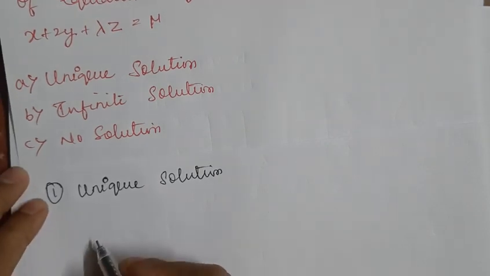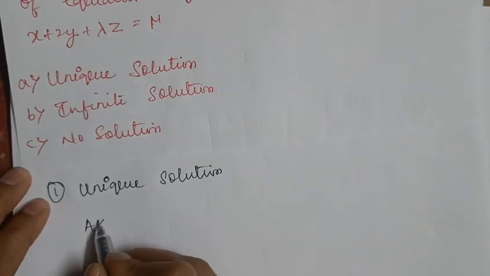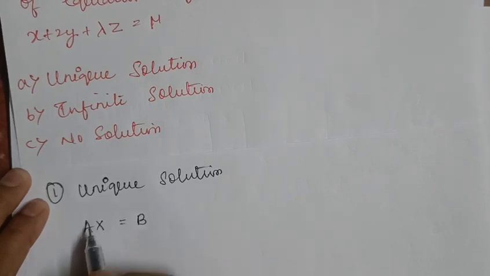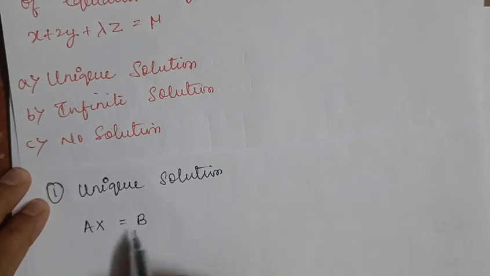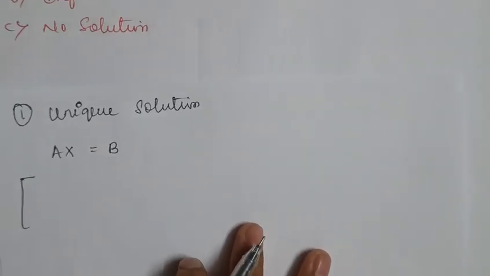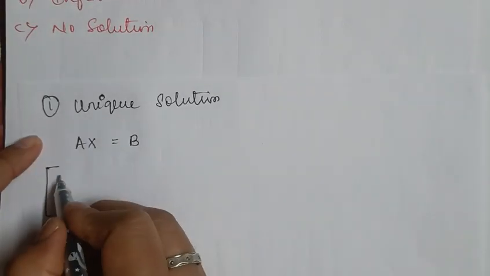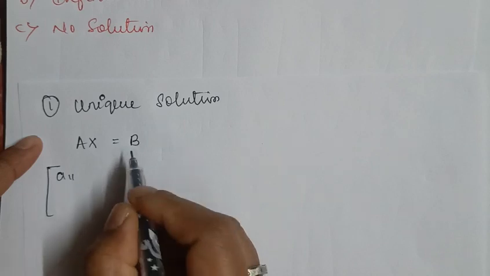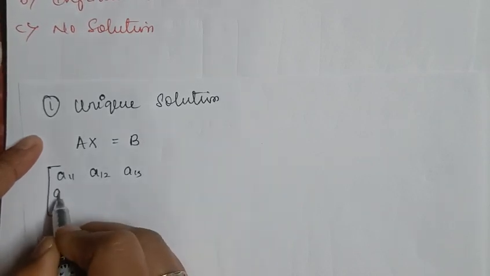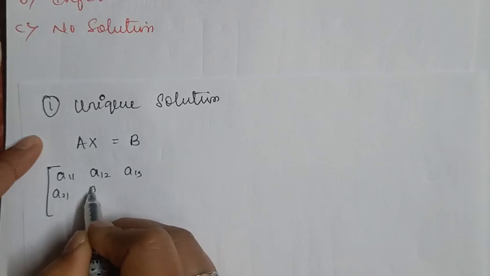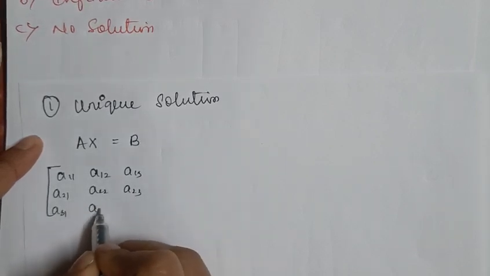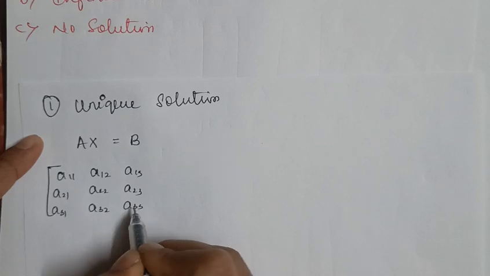this is a system of equations. The system of equations is in this form: AX = B, wherein A is the coefficient matrix: A11, A12, A13, A21, A22, A23, and A31, A32, A33.